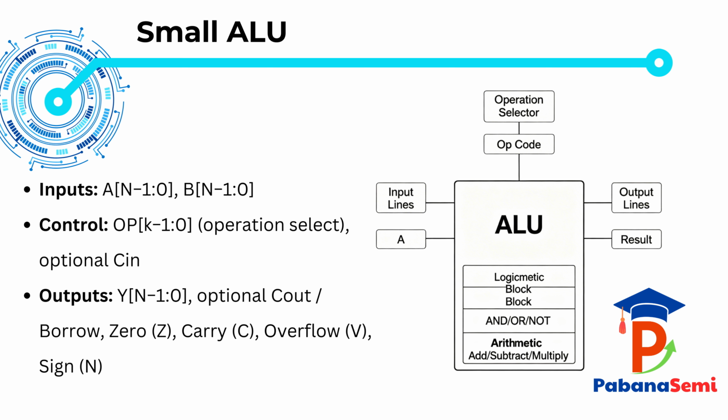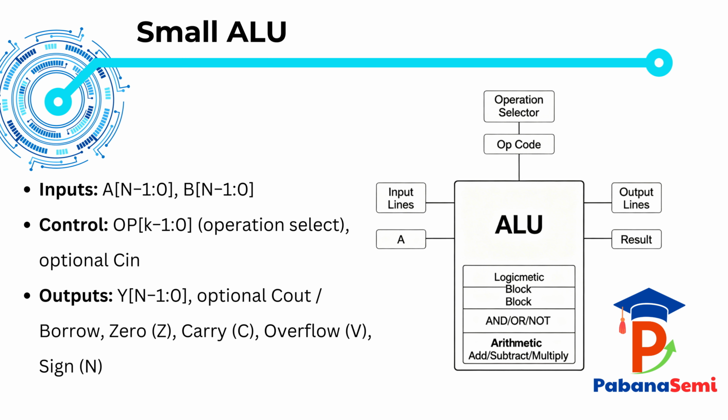Next is the control input, called the operation select, op[k-1:0]. This opcode chooses what the ALU should do, like add, sub, AND, OR, XOR, compare, or shift. Some ALUs also take an optional Cin, which is a carry-in used for add with carry, subtract, or chaining multiple ALU blocks.